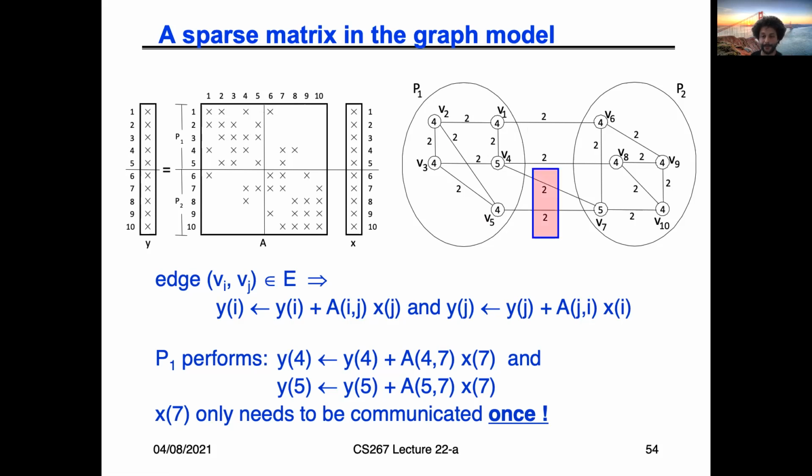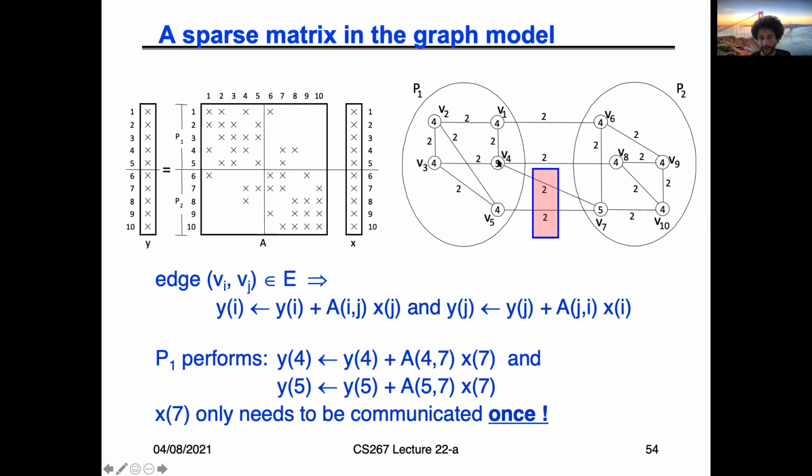Here, what we're seeing is V7 is on one side, and it has an edge with V4, it has an edge with V5. Now the argument goes that since the endpoints of these edges are in different processors, I need to communicate them. But that's not really realistic, because the communication only requires V7.